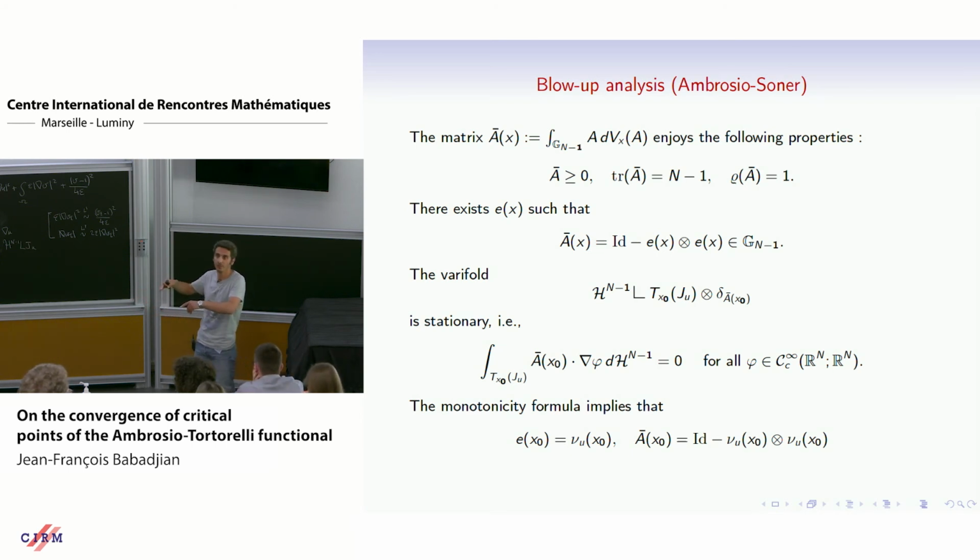J_u is a rectifiable set, so at almost every point it has an approximate tangent plane. And this is a varifold because A bar of x0 is a projection matrix.